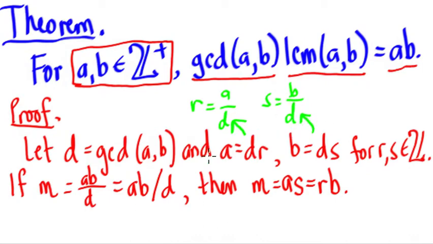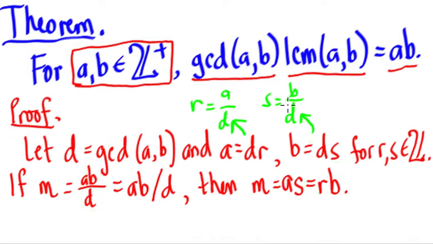So using these values of R and S, notice that M is equal to RB. Why is that? Because R is equal to A over D. Sorry, again, RB came from R, where R is equal to A over D. So this becomes your R, and R and B is RB.